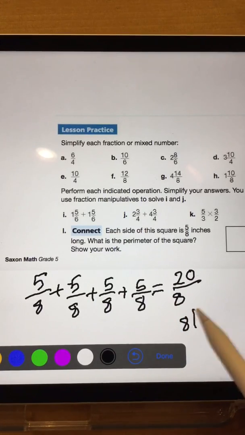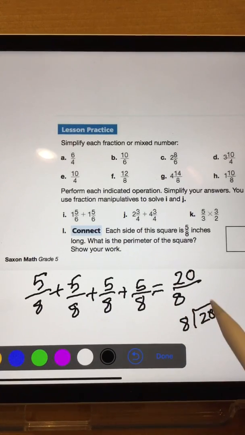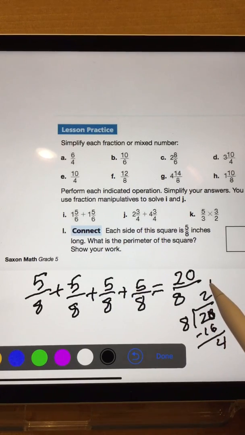So I divide 20 by 8. 8 goes into 20 2 times, I have 16. I subtract and I get 4. 4 is my numerator. 8 is my denominator.